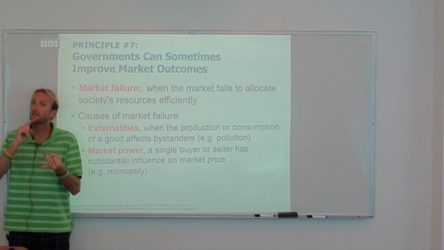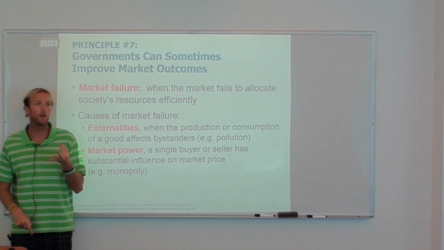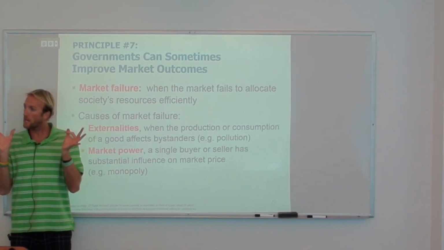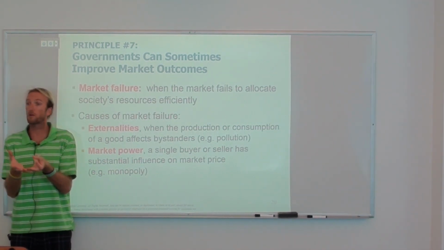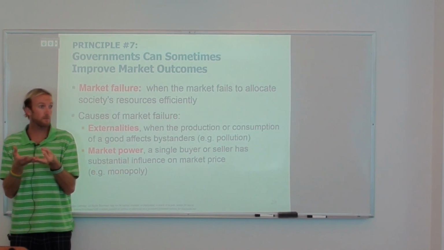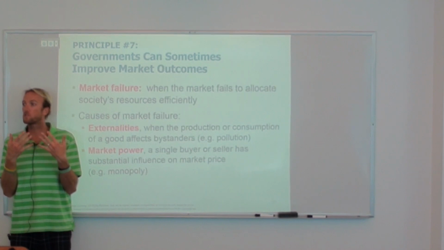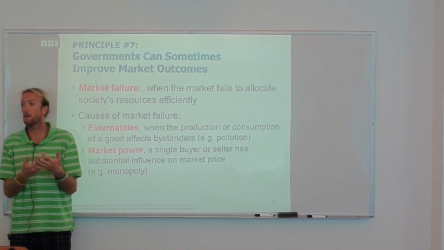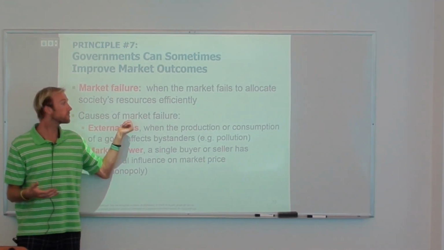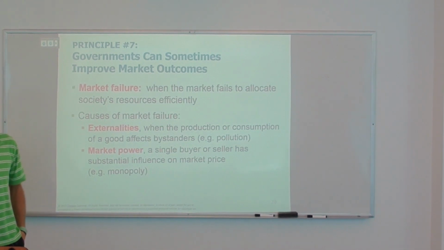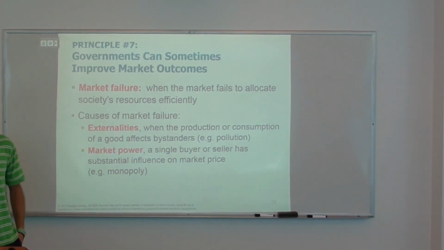There's got to be property rights, got to be no externalities, got to be no market power. In that kind of special world, yes, markets work to maximize everybody's happiness or society's well-being. But if any of those assumptions are not met, there's a reason for the government to get involved. All right?